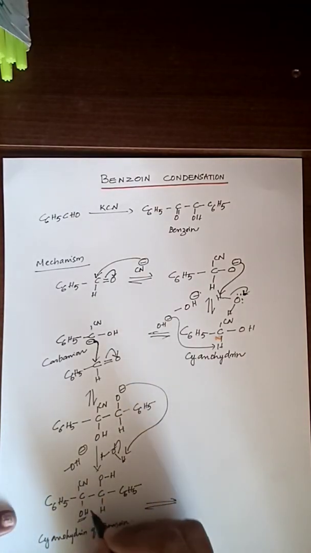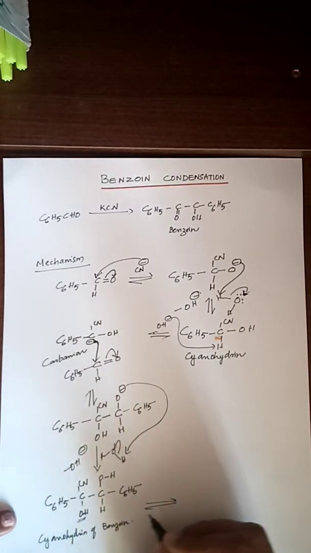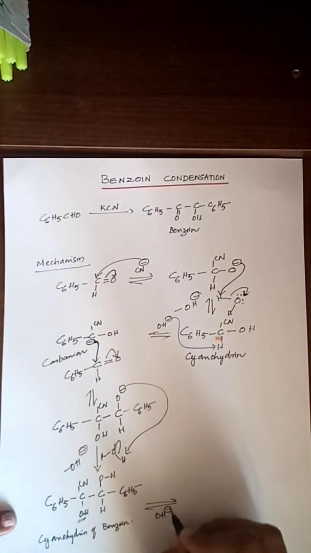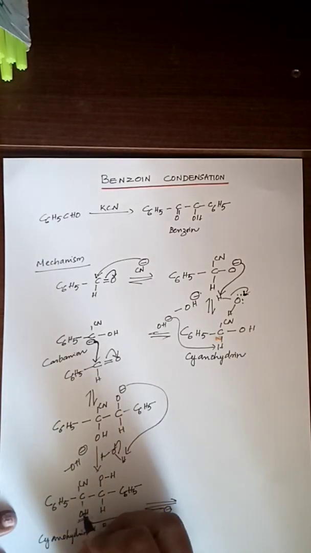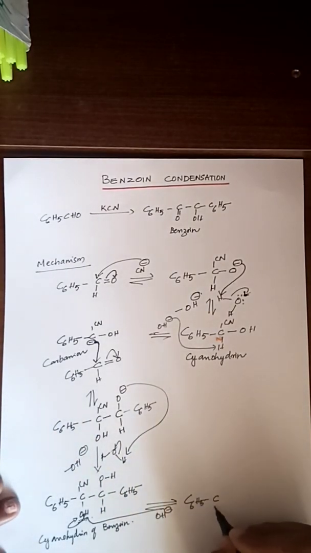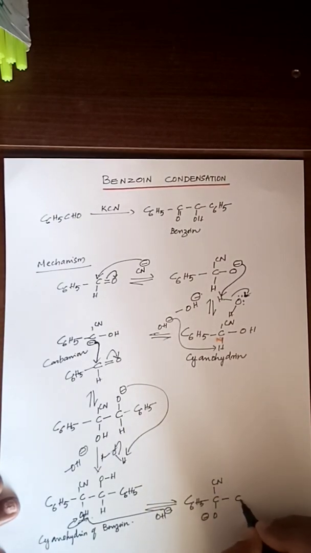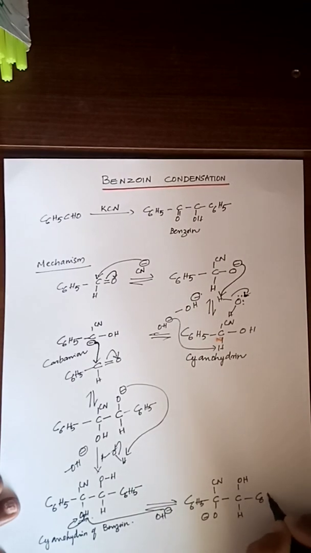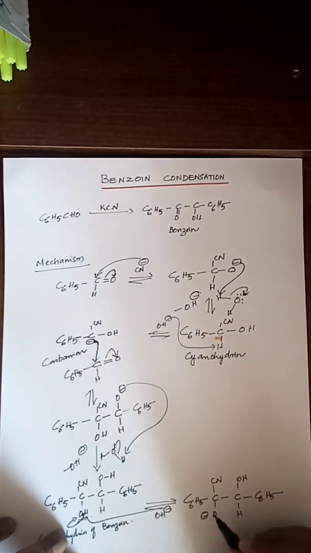The OH minus will abstract this H plus, and the oxygen will have the negative charge. So it is C6H5-C(O minus)(CN)-CH(OH)-C6H5. Now these electrons will shift.